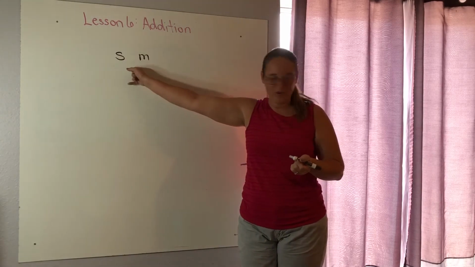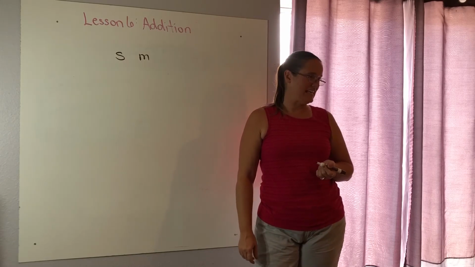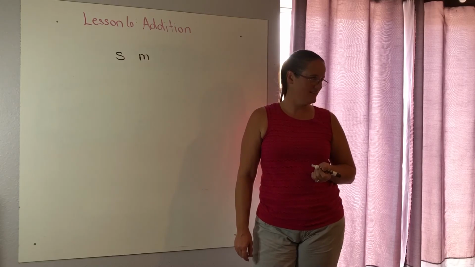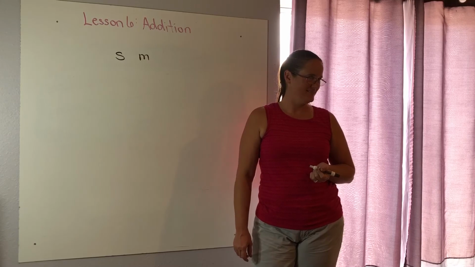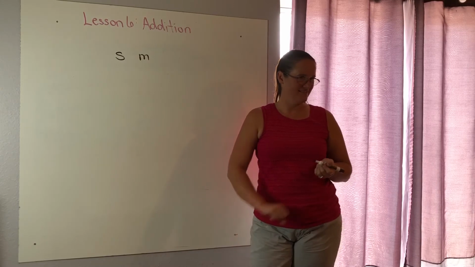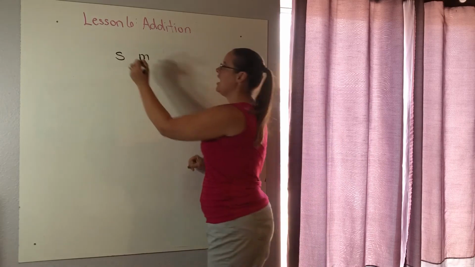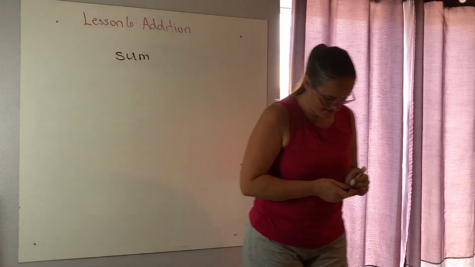So what vowel goes in the middle there? It's not Sam. Is it E? Is it S-M? Sam. No. Sim? No. Som? No. It's the U. Sum. It's called the sum of an addition problem.